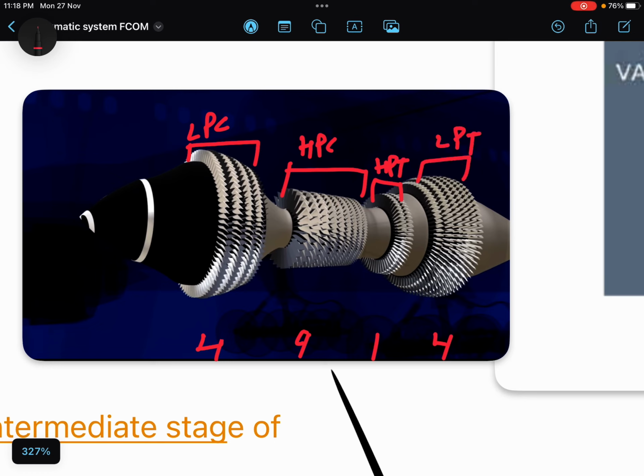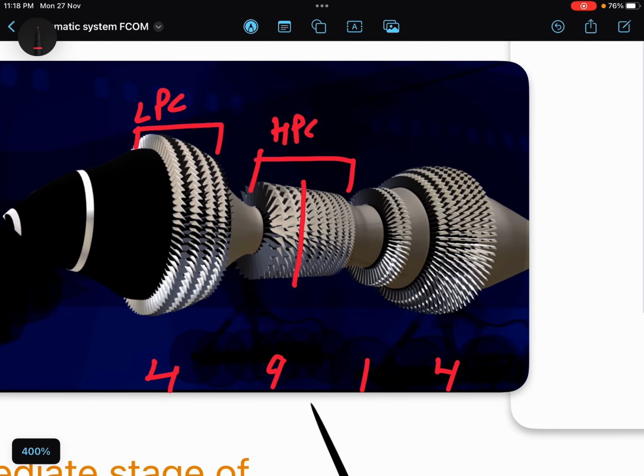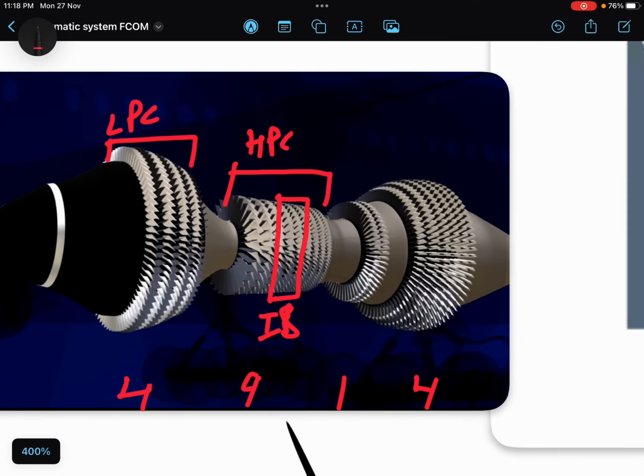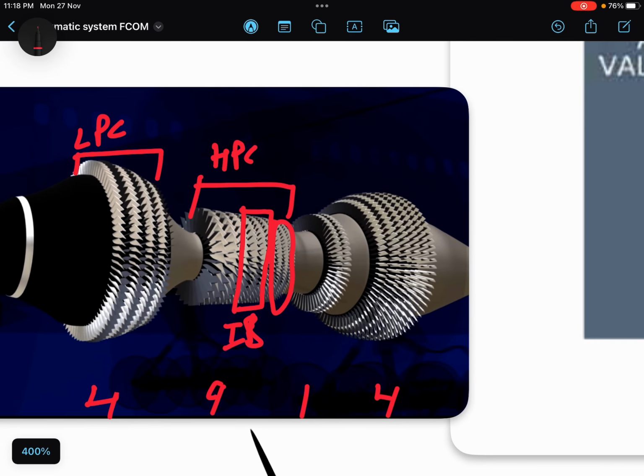Your bleed air is taken from the intermediate stages of the high pressure compressor to minimize the fuel penalty, right? But if pressure is not sufficient, then bleed can be taken from the high pressure stages of the high pressure compressor.